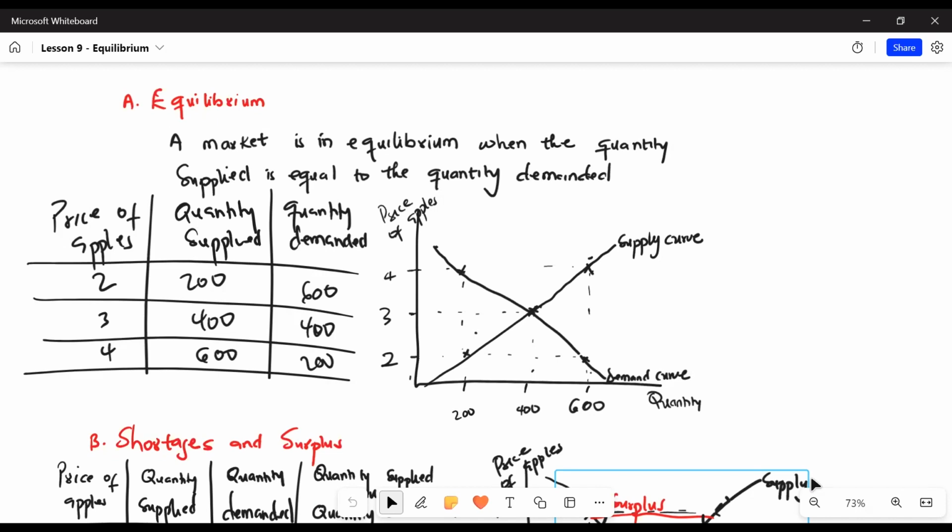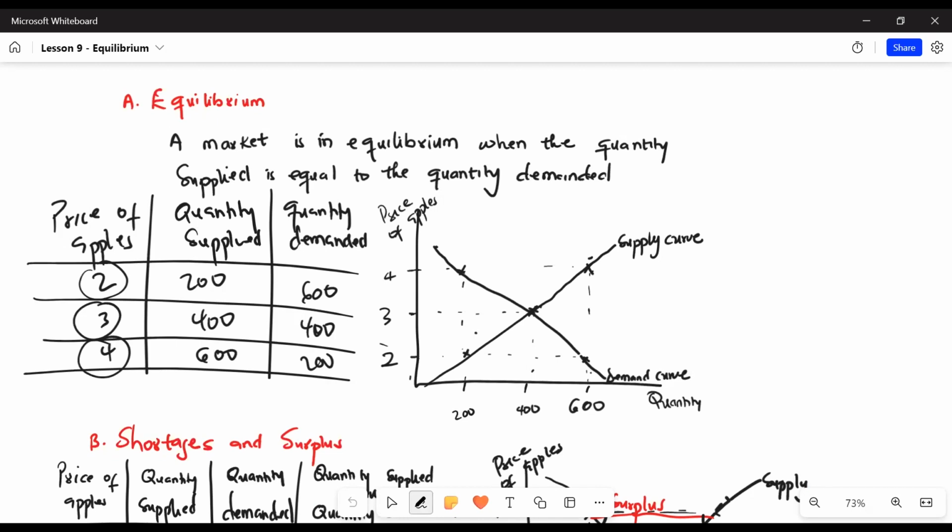Now let's consider a simple case in the market of apples, where the price ranges from 2 to 3 to 4. We can use this price and the quantity supplied and the quantity demanded to get our demand and supply curve. So let's focus first on the demand curve.